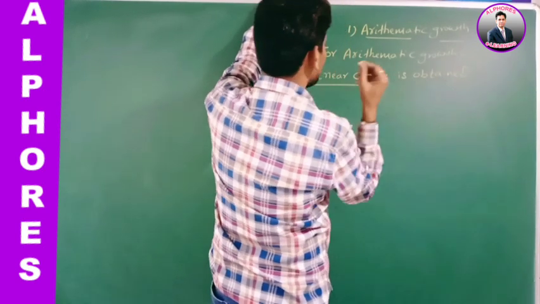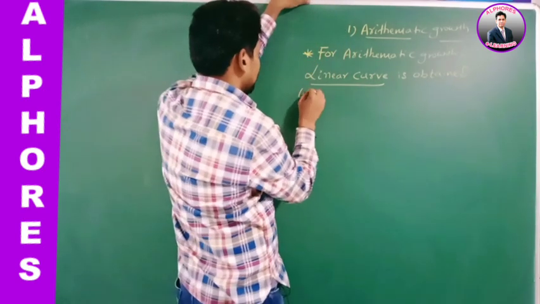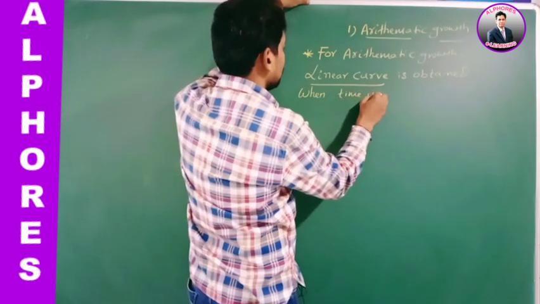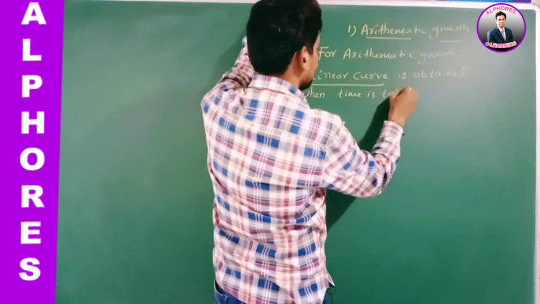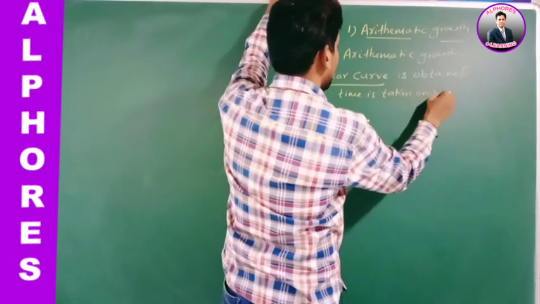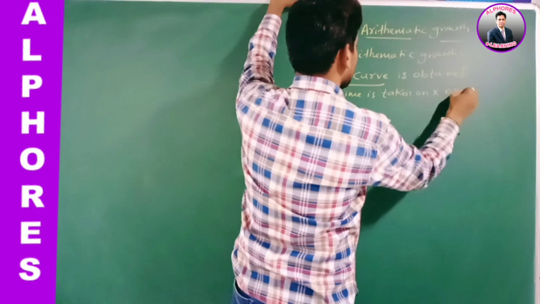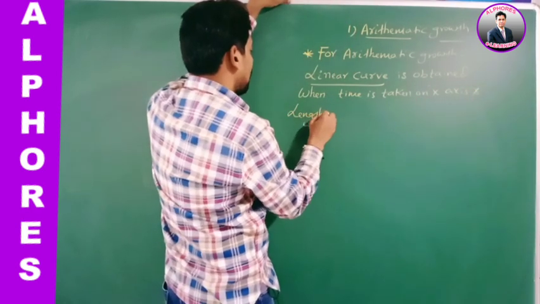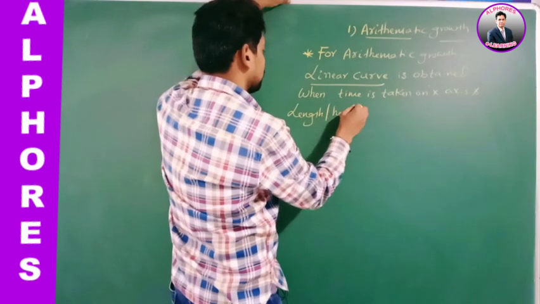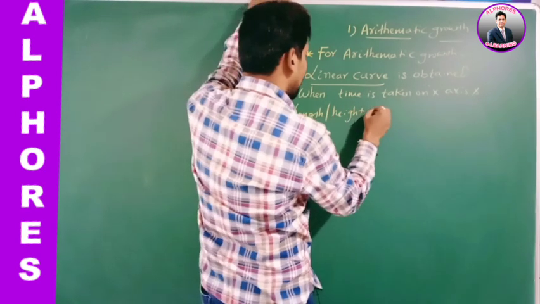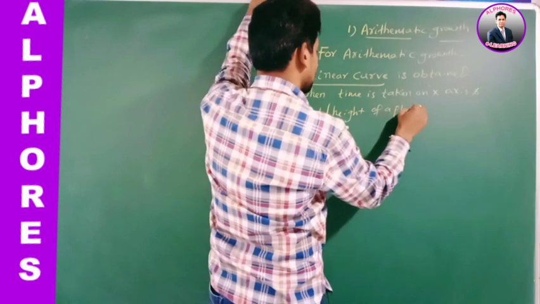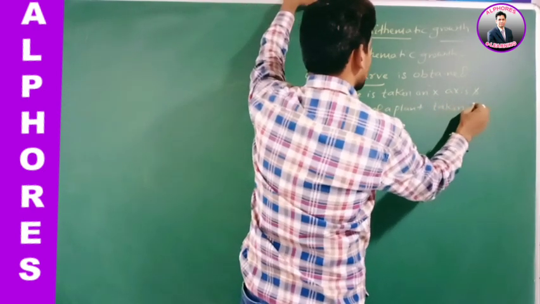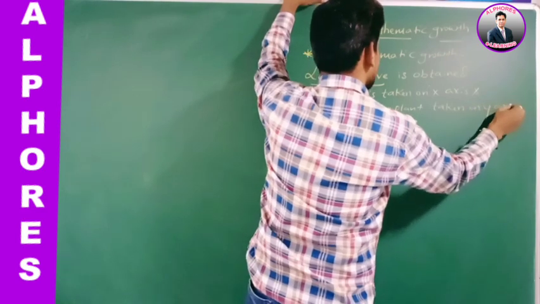When are we going to get a linear curve? When time is taken on the x-axis and length or height of a plant is taken on the y-axis.